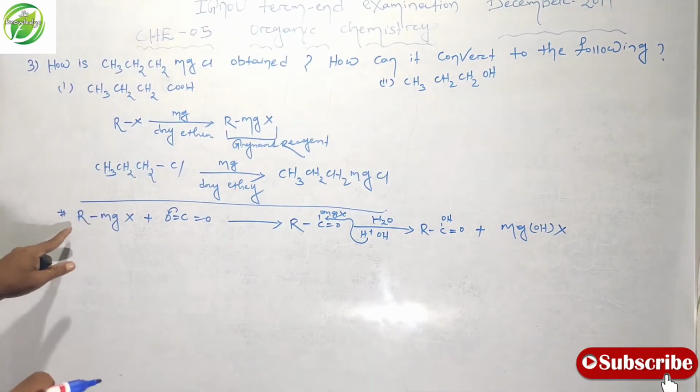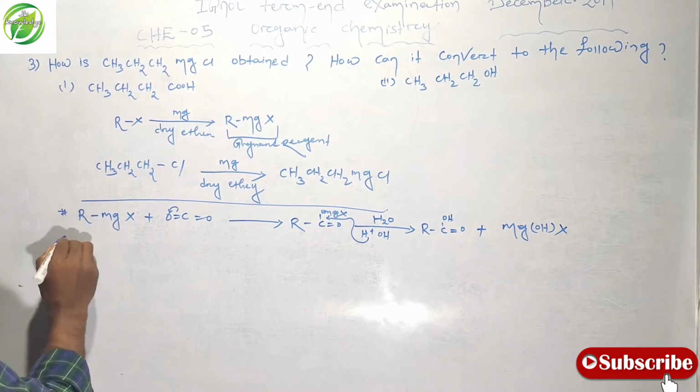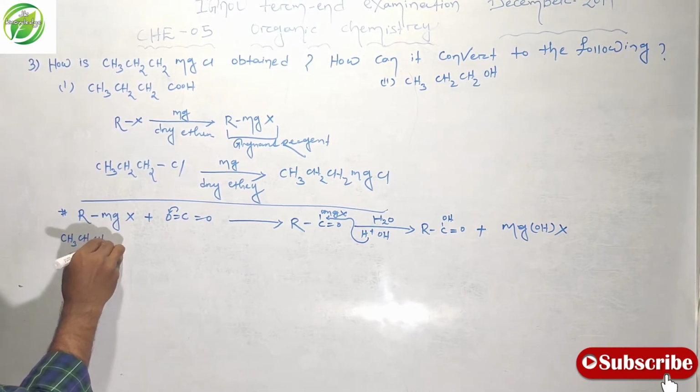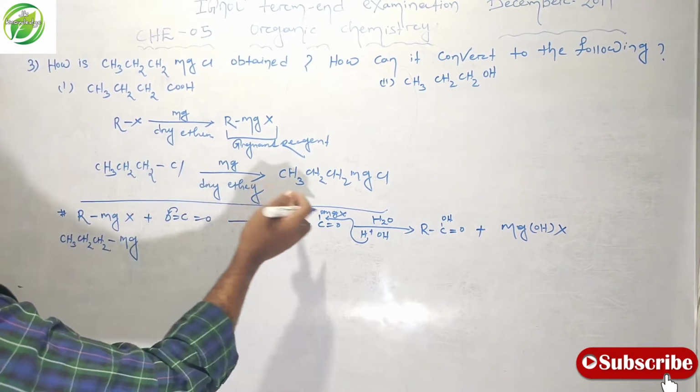Friends, simply we put CH3CH2CH2 in place of R, and in place of X we put chlorine.